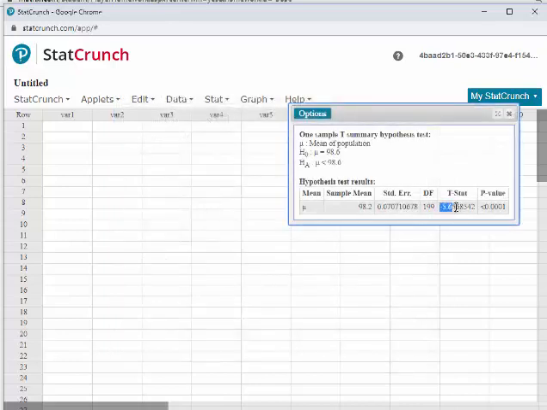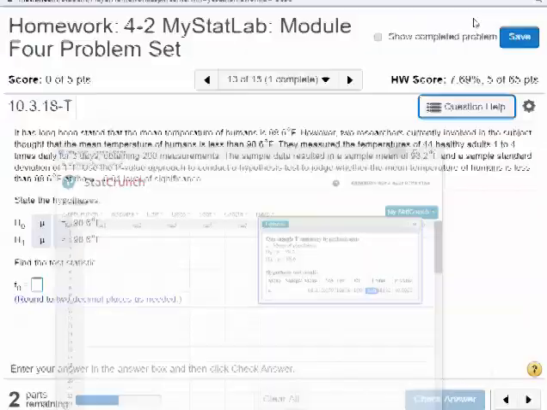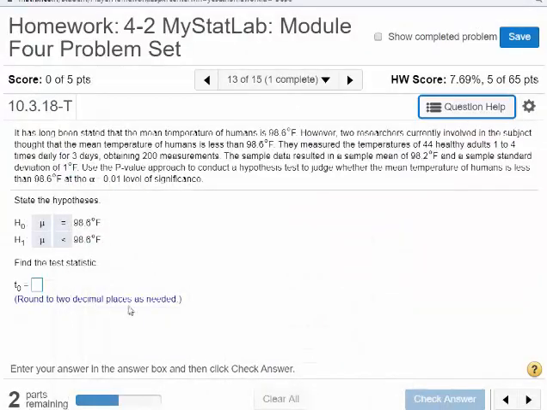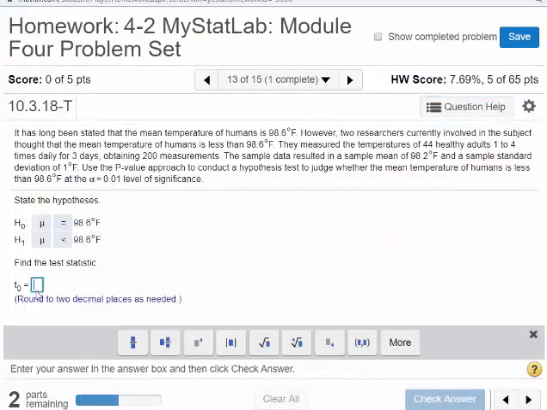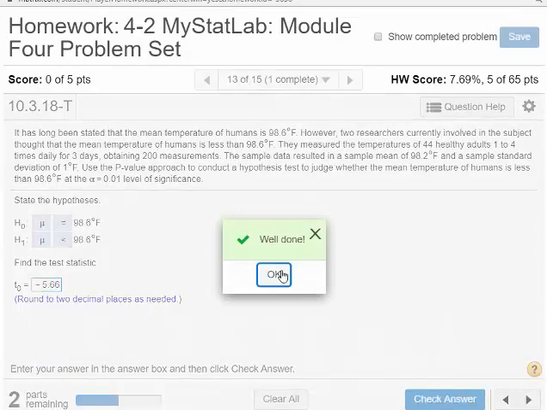It's telling us this is our t-stat, negative 5.65. Let's see how many decimal places they wanted. 2, so it'll be negative 5.66 when I round it. We got it. Great.